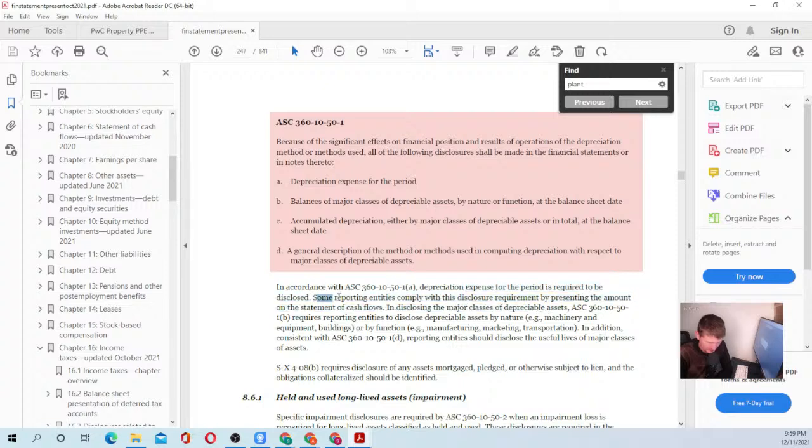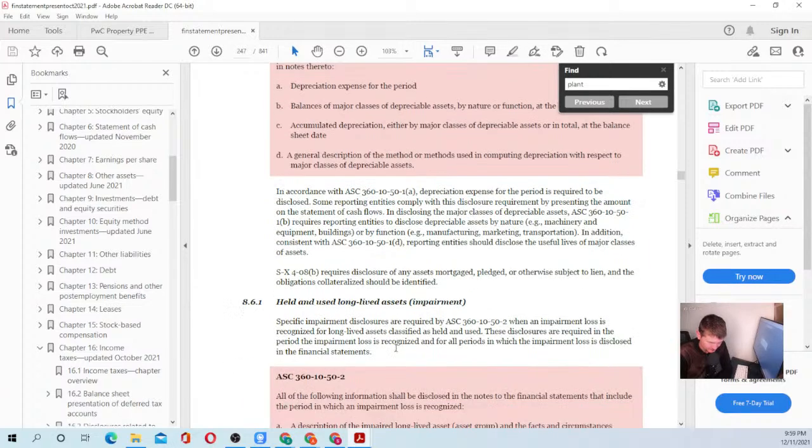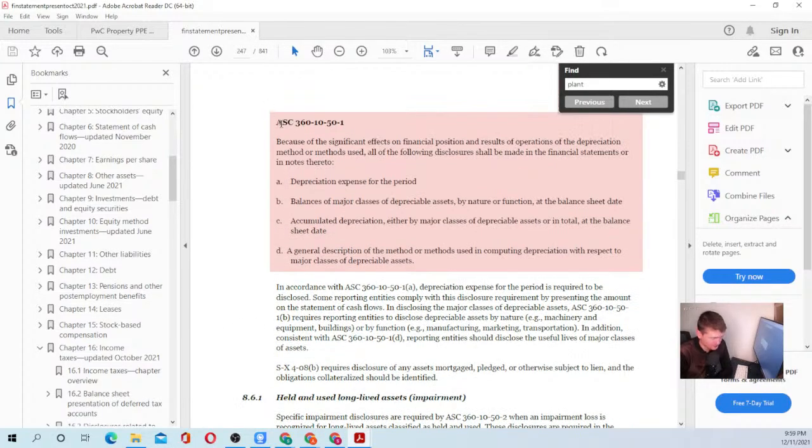Some entities may comply with this requirement by presenting the amount on the statement of cash flows. So there are actually not a lot of disclosure requirements for PP&E.